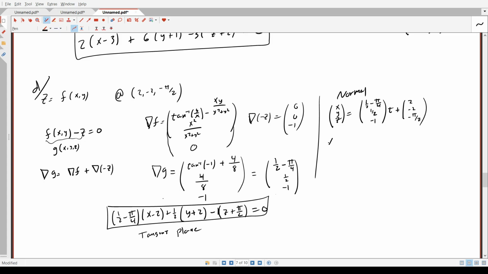Okay, so here I have x of t is going to be 1/2 minus pi over 4 t plus 2. Y of t is going to be 1/2 t minus 2. Z of t is minus t minus pi over 2.